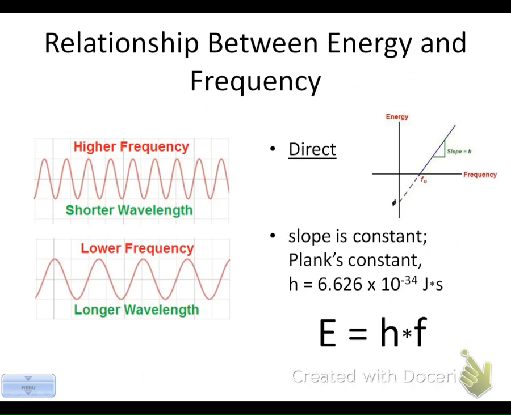Well, it turns out the slope for this is a number value, 6.626 times 10 to the minus 34th joule seconds. And we call that Planck's constant, symbolized by lowercase h. And the equation that we have here is very similar to a y equals mx type of thing, E equals hf, and that's how you calculate the energy of a photon.